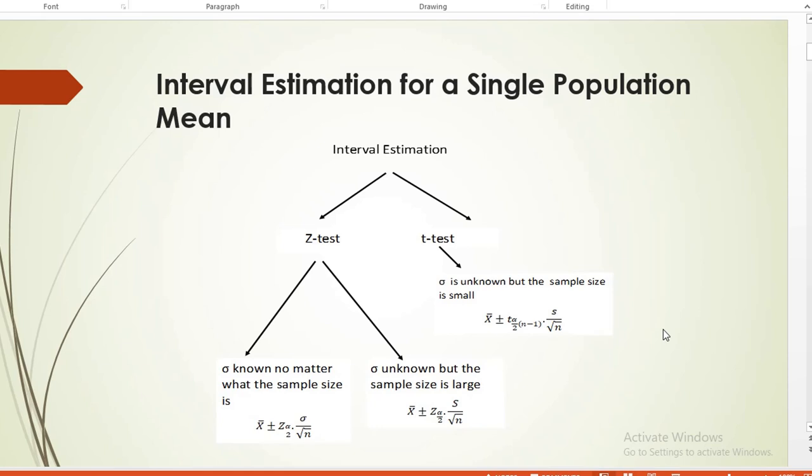So there is only one case where we have to use t test. What's the condition of the t test? Sample size should be small and the variance should be unknown. It means we have to obtain an estimate of the population variance from the sample. That is why we have to place small s in place of capital S. Capital S is the biased estimator of population variance or standard deviation, and small s is the unbiased estimator of population standard deviation.